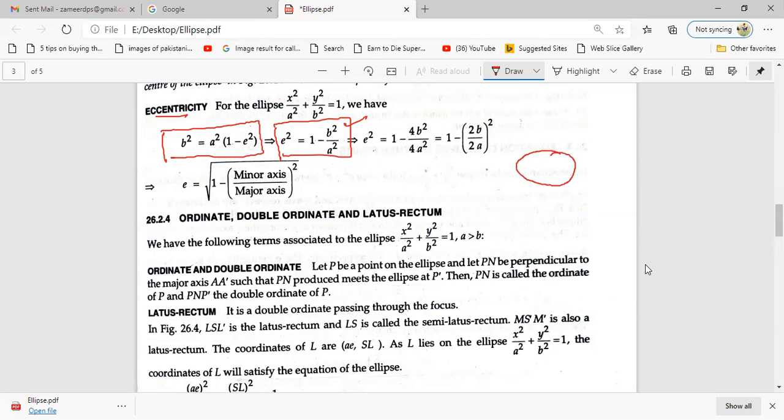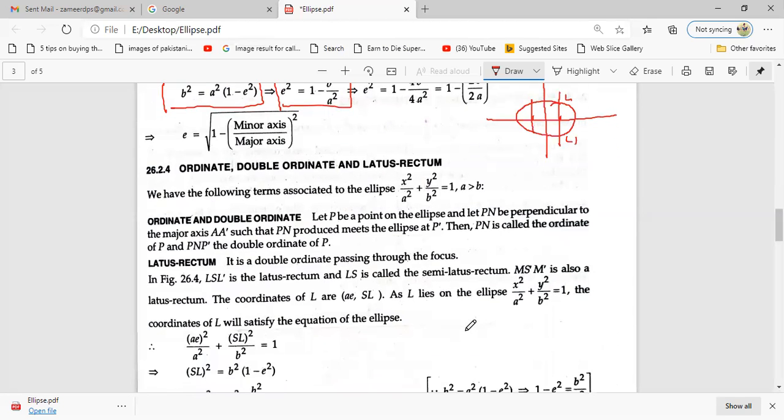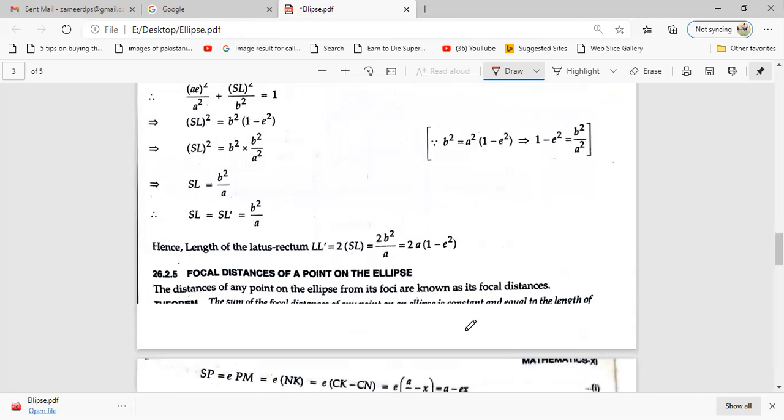You have seen this is the focus. This is also the focus. So the perpendicular lines passing through the foci, L L dash on this side or that side, both are called latus rectum. And the length of the latus rectum will be equal to 2b square upon a.